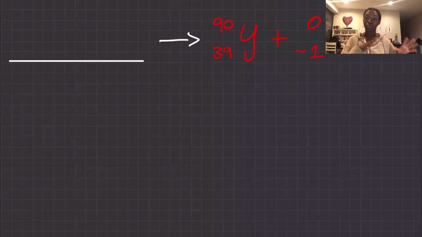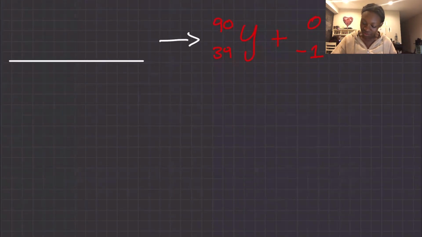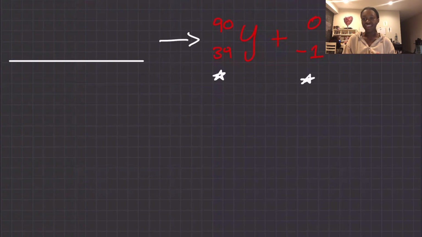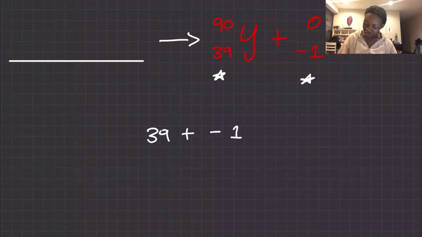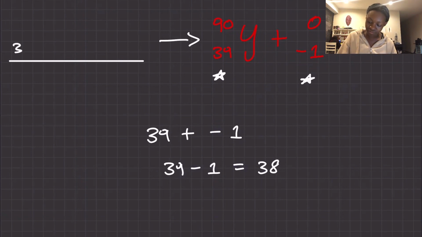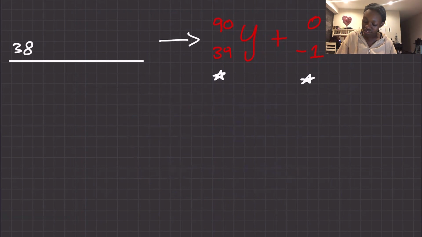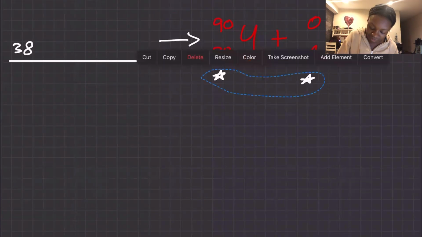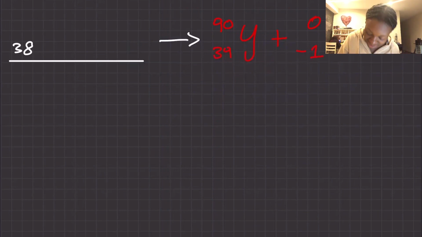So now we need to find the product, right? So I'm thinking 39 and -1. When you add these things together, what do you get? Well, you're actually subtracting here. You're doing 39 plus -1, which is giving you 39 minus 1, or 38. So I'm thinking the atomic number must be 38. Same thing, when we look at our mass numbers, 90 plus 0 is 90, so the mass number is 90.